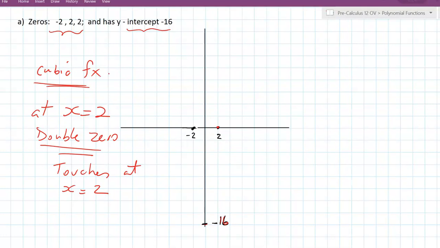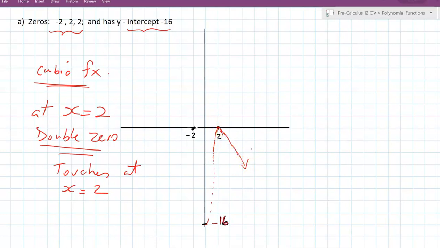If that's the case, the end behavior cannot be in quadrant 1 and quadrant 3 as a cubic function usually behaves. So it is flipped. That means our graph is going to come in, and I'm going to start it here as a dotted line, hits the x-intercept at 2, then bounces off.